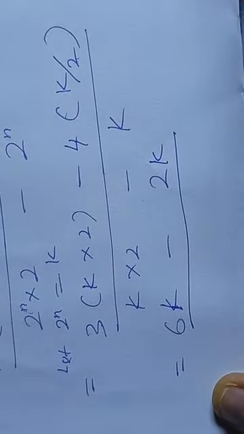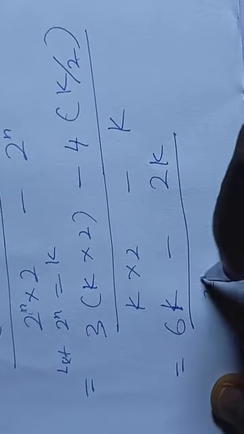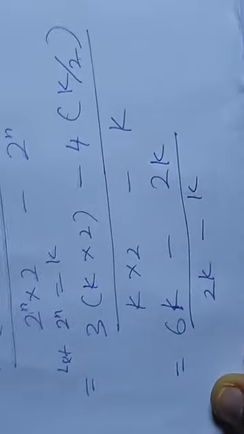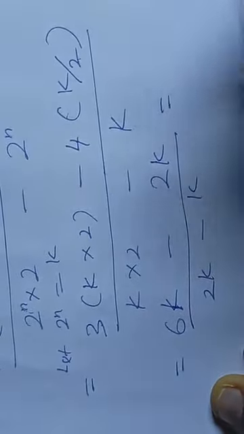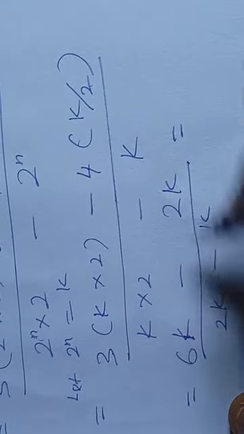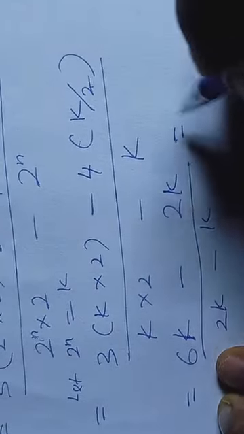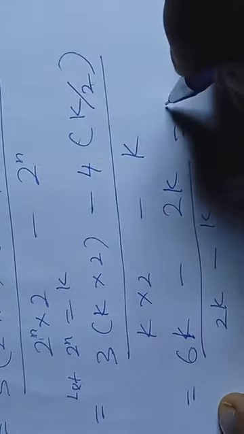And then all over, this is 2 times k, that's 2k also, minus k. So the numerator will give us 6k minus 2k, and by algebra, 6k minus 2k is 4k.